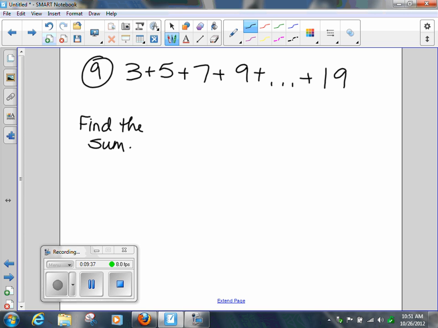Okay? I'm thinking, all right, it's very clear to me what the difference is. What's the difference? What are they adding to each number? 2. So, folks, all I did was in my calculator, I went 3 plus 5 plus 7 plus 9 plus 11 plus 13 plus 15 plus 17 plus 19.